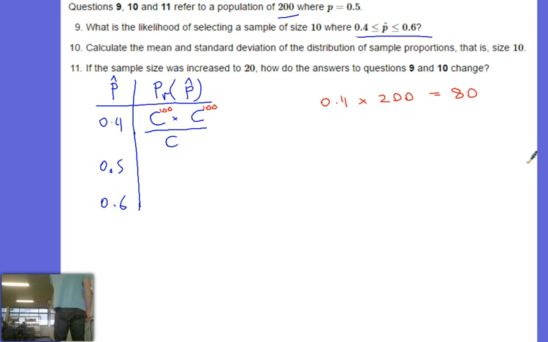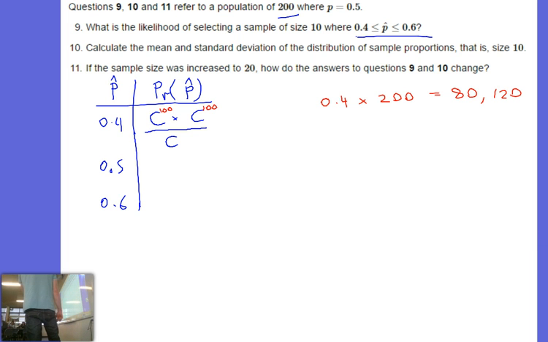So you've got 80 of one thing, and how much of the other? 120. So that will be the split for a sample proportion of 0.4.